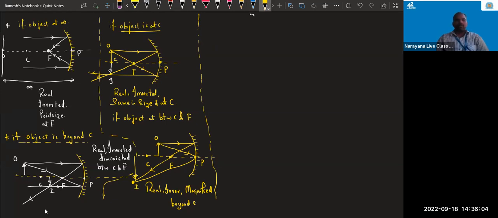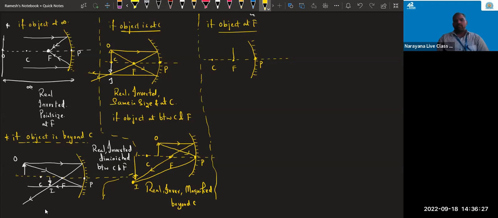Next one, if the object is at the point of focus. So this is which mirror? Concave mirror. What is the name of this axis? Principal axis, pole, point of focus and center of curvature.